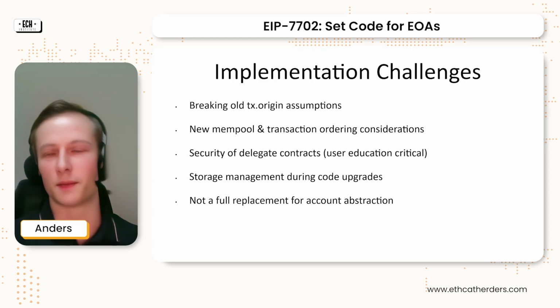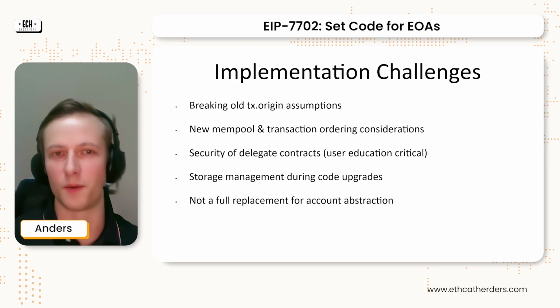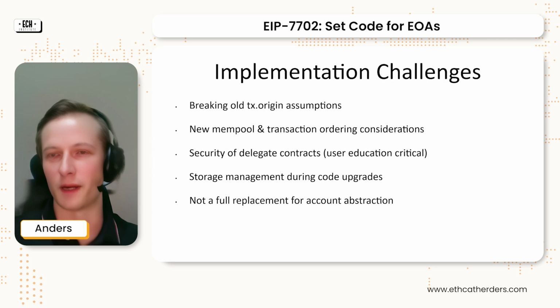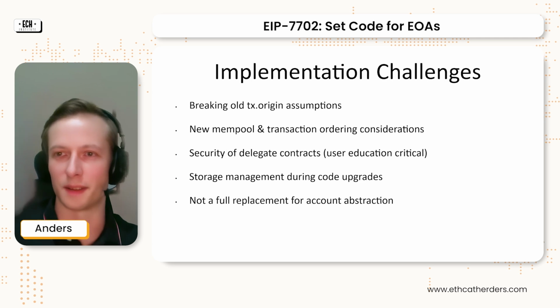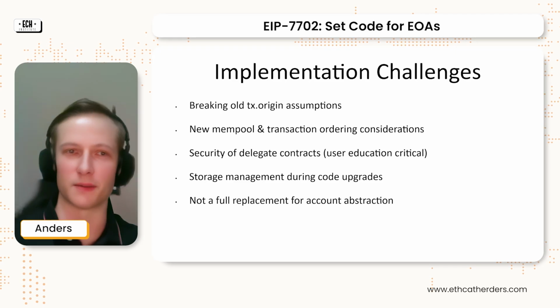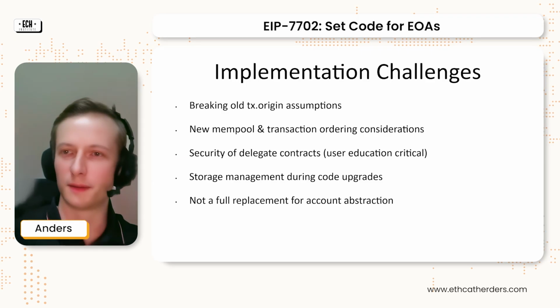As an example, in the EVM, we have these variables that tell you something about the transaction or the current environment of the transaction, like where it came from, who's currently executing, how much gas you have, and that kind of thing. One of these is what we call the origin, which is the original signer.